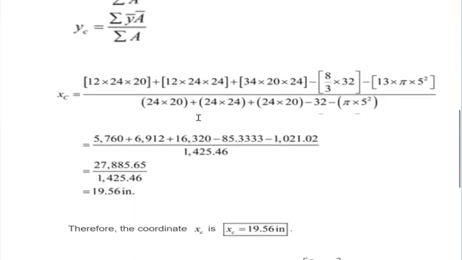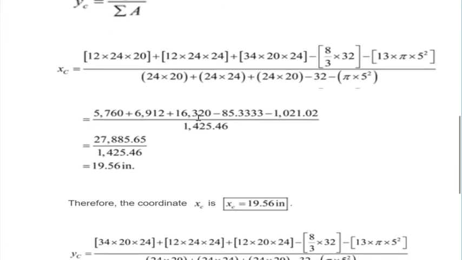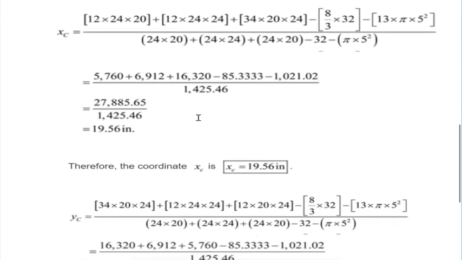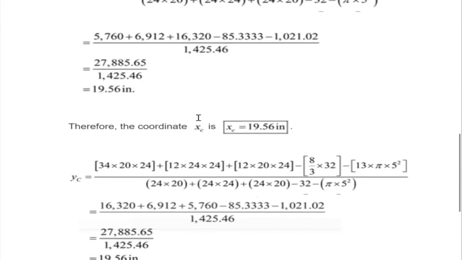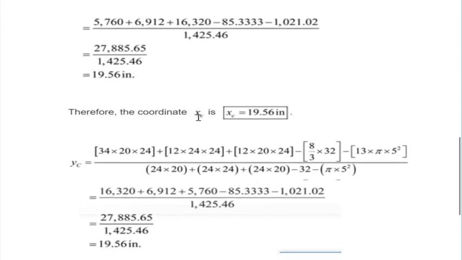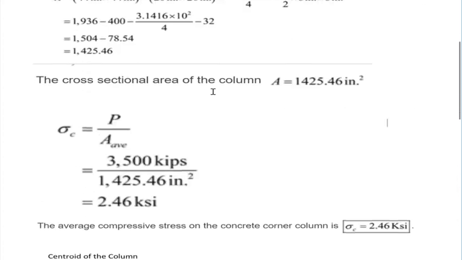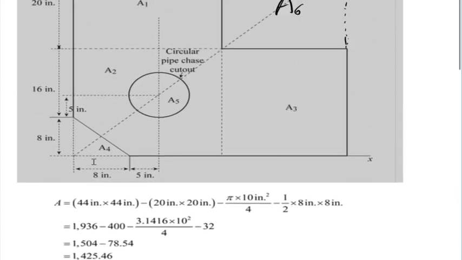Okay, we know that the area is symmetrical, so if we calculate the same for the y, we're going to find out that the coordinate for the y is the same as the coordinate for the x, and obviously it's going to be on this dashed line 45 degrees from the origin of coordinates.